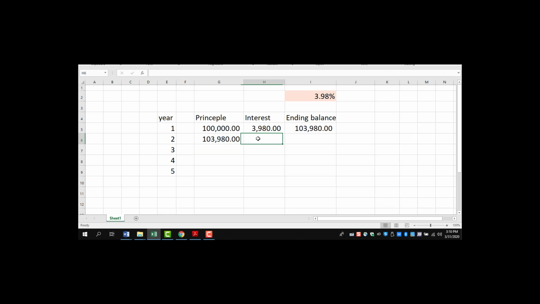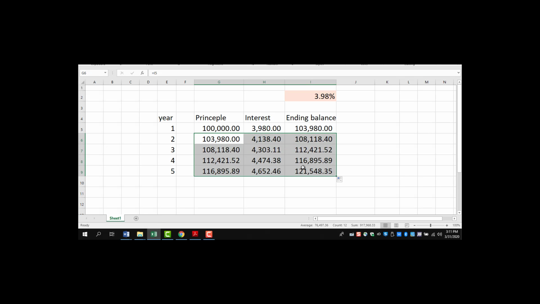And so I think I can just drag this down, and I'm just reduplicating what I have in that other. And there we go. This is the same thing that other file is.